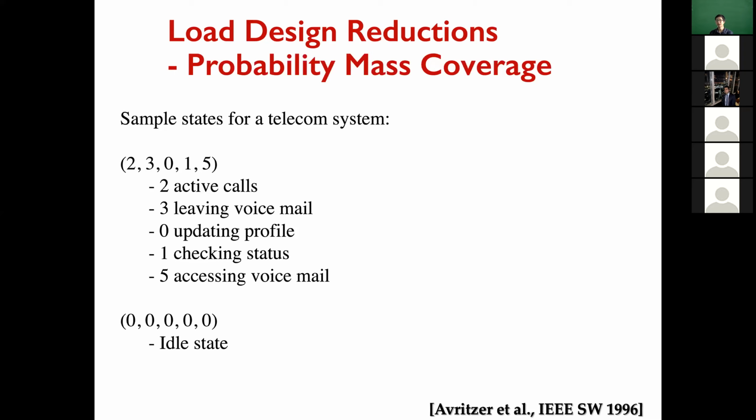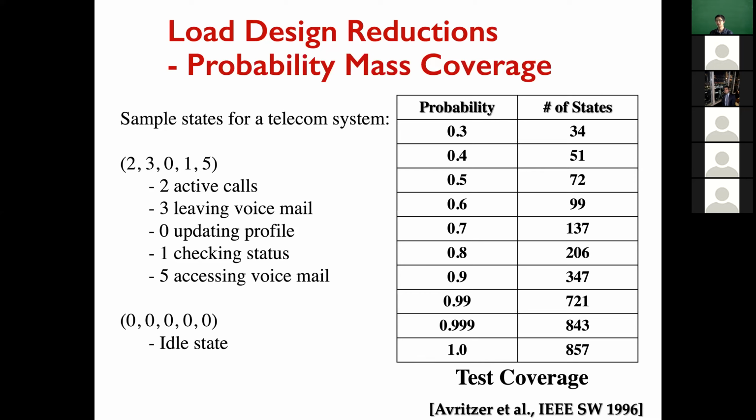So we identify all these states. For each state, we identify the numbers, then we sort them based on the numbers. Then we can calculate the accumulated probability of these states.